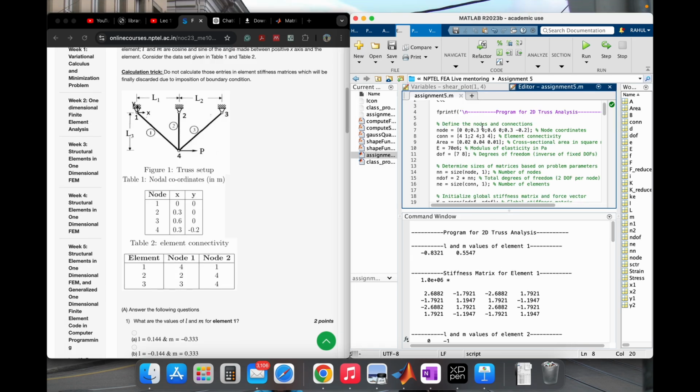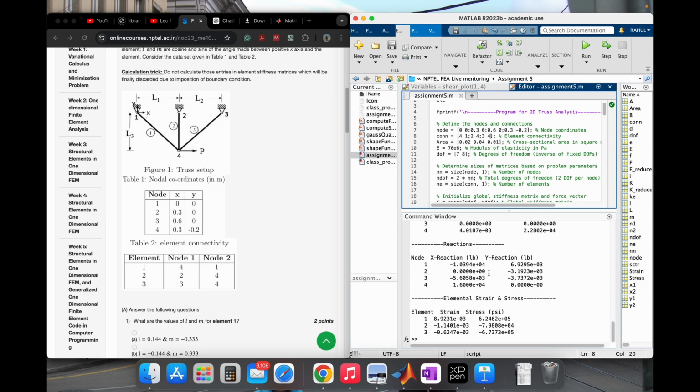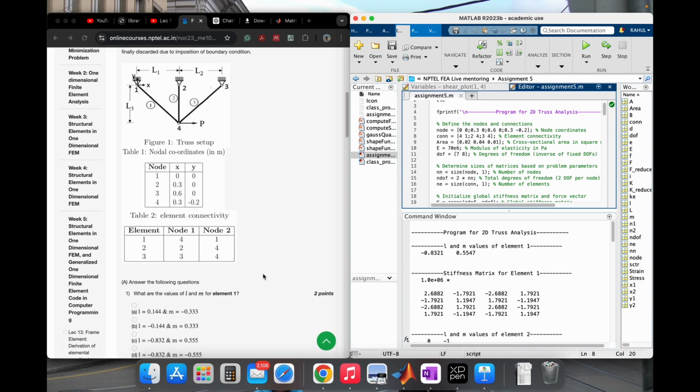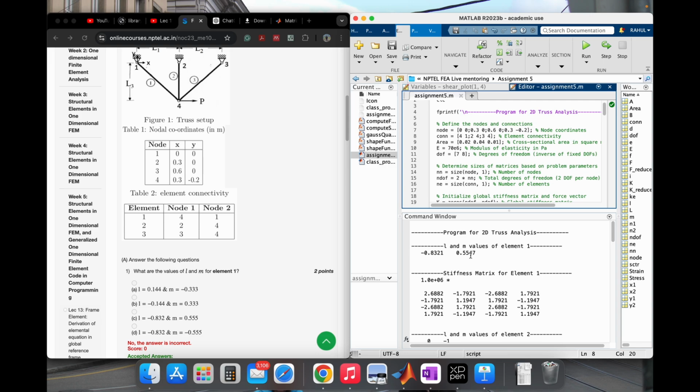Now we will run this code, and we will see the result we are getting. One thing we need to take care of is the element connectivity, otherwise there will be a problem in the sign convention of getting L and M values.